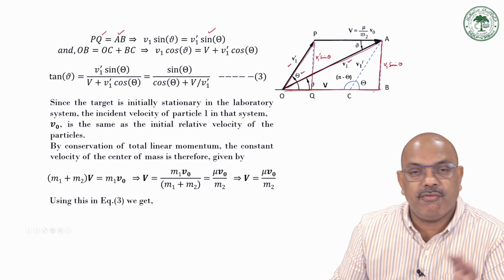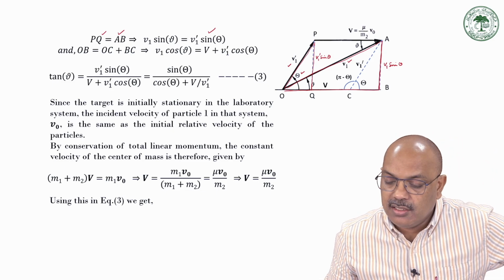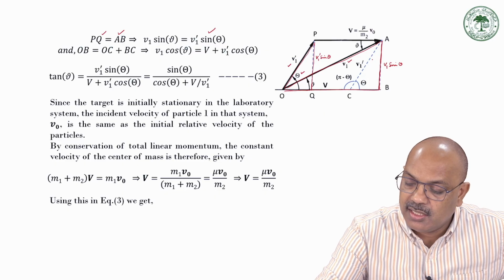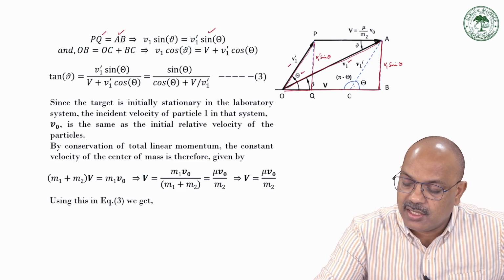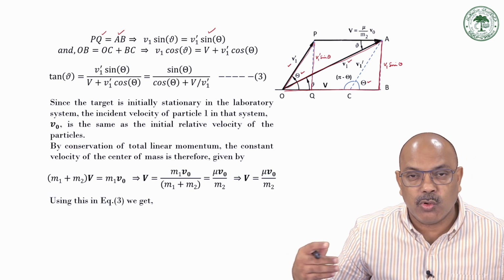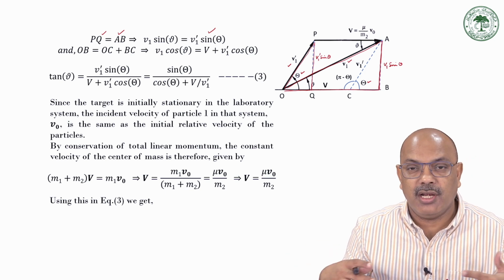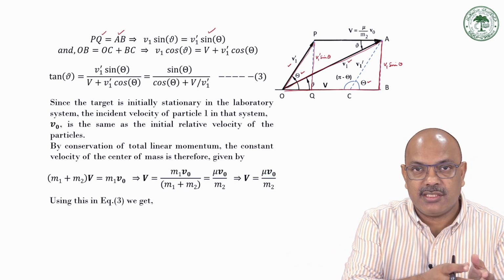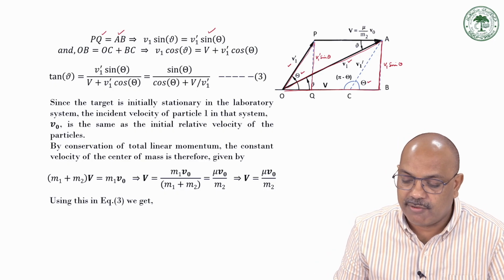So this is V1 sine theta and equal to this. If I take this triangle, then this is again the center of mass angle, so there is no use, because we wanted to establish the relation between the scattering angle in the center of mass and the scattering angle in the lab frame.